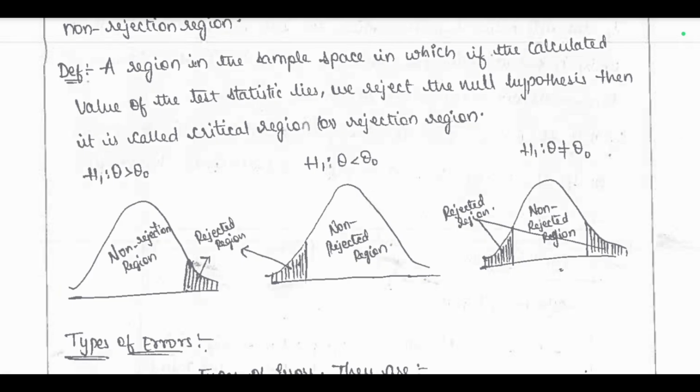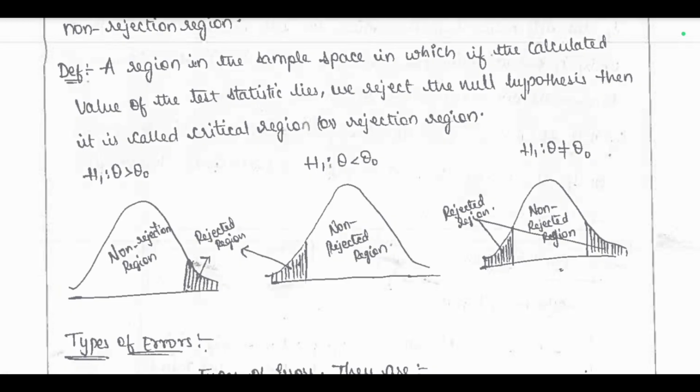We can see the values. H1: theta is greater than theta naught, that is the rejection region, and the non-rejection region is the acceptance region.